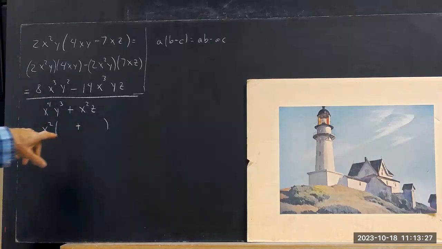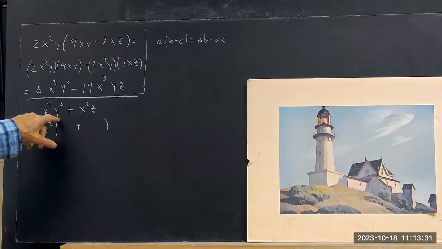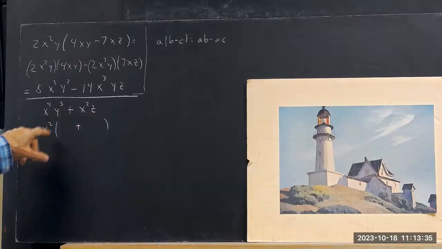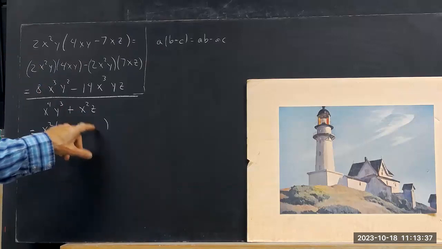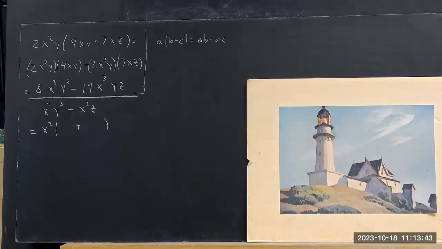So what goes here? What would you multiply x squared by to get x to the fourth y cubed? What would you multiply x squared by to get x squared z? See if you can puzzle that out in the next couple of minutes.